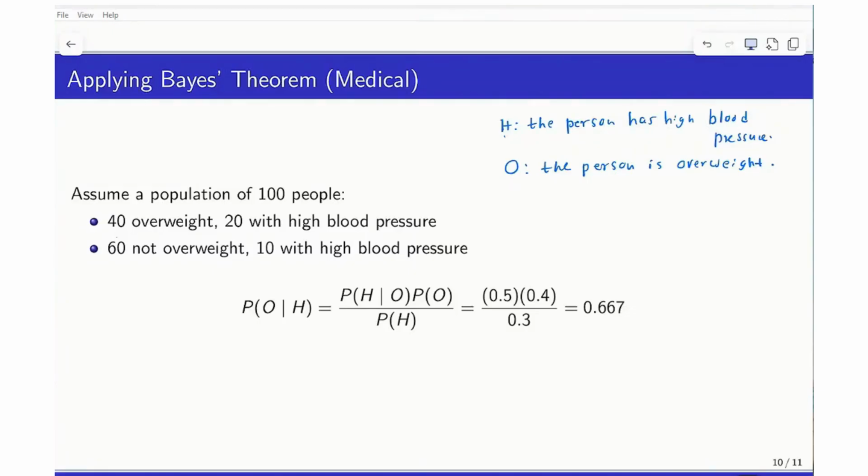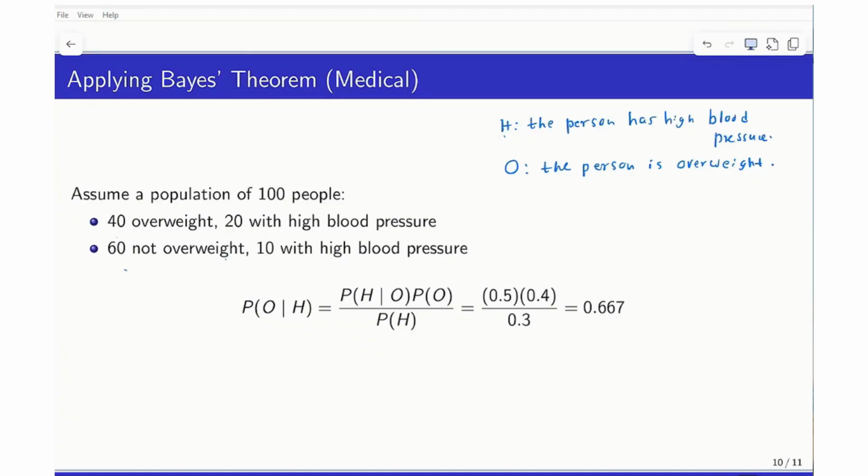To make the calculations clear, suppose we observe 100 people, 40 are overweight, and from the overweight people 20 have high blood pressure, and 60 are not overweight, and from the not overweight people 10 have high blood pressure.